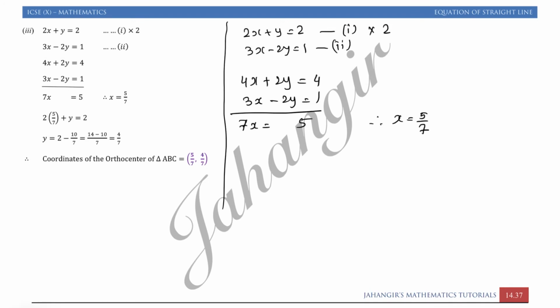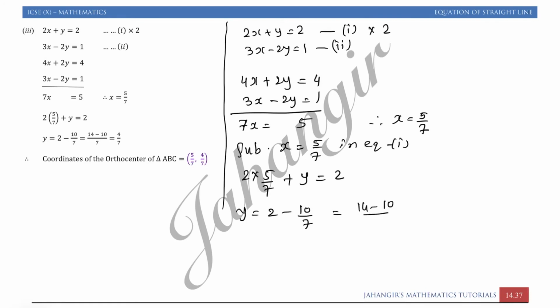Substituting x equal to 5 by 7 in equation 1. So 2 into 5 by 7 plus y is equal to 2. So y is equal to 2 minus 10 by 7. So 14 minus 10 by 7, that is 4 by 7.